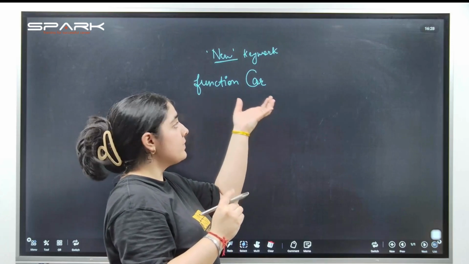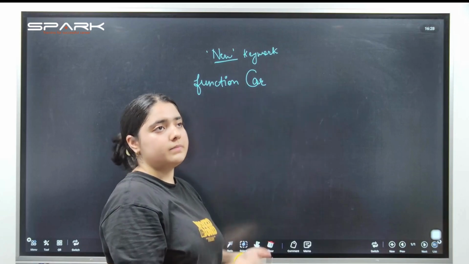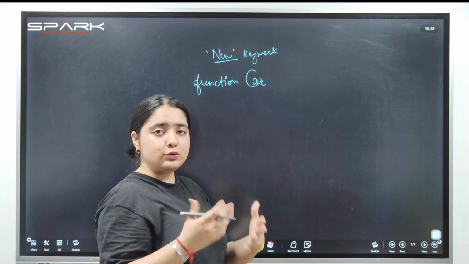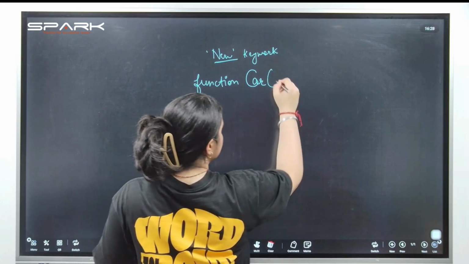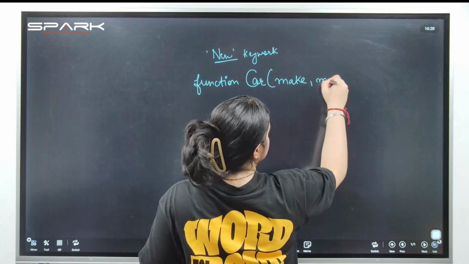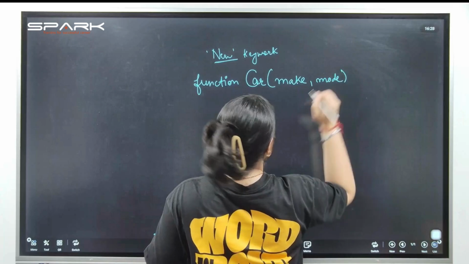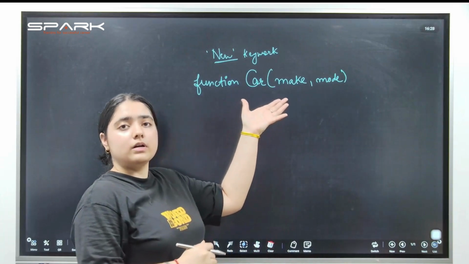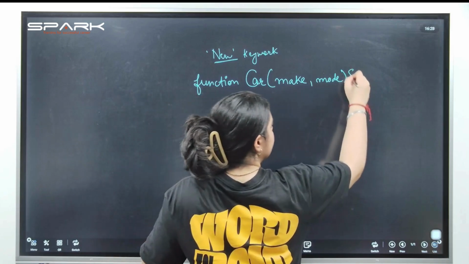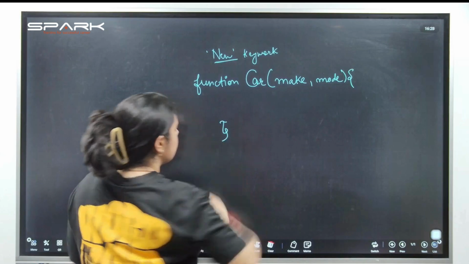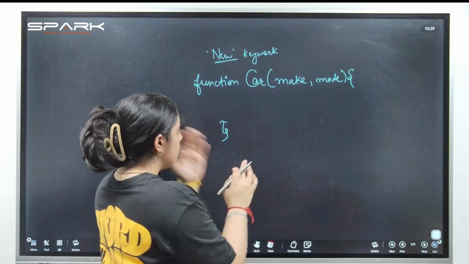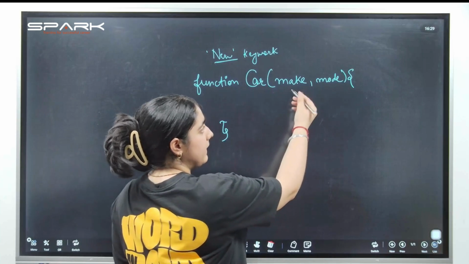Now I am creating a constructor Car, so it must have parameters. For now I am going to use two parameters, make and model. This is how a constructor is created. I have created my constructor and taken two parameters, make and model.